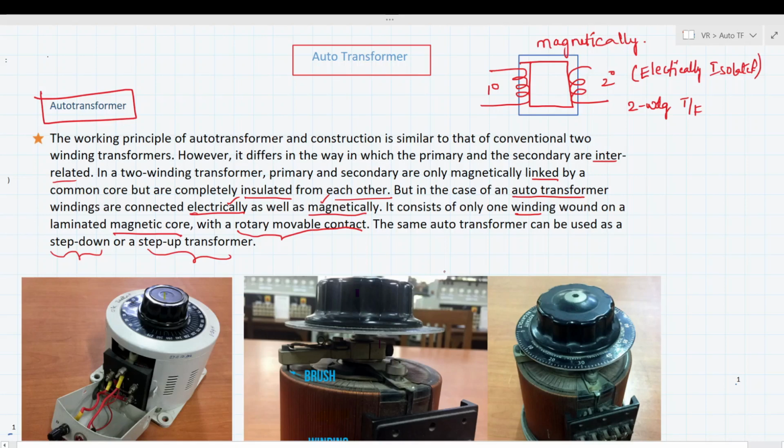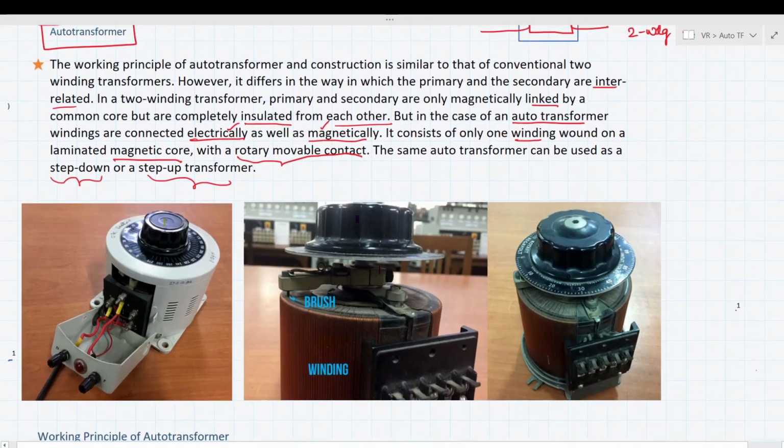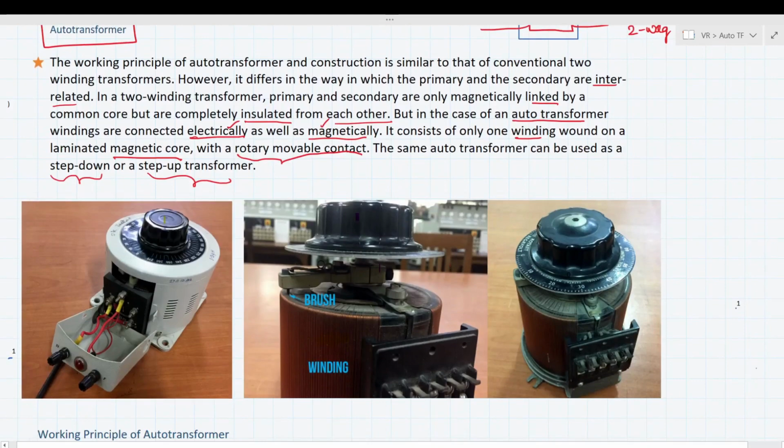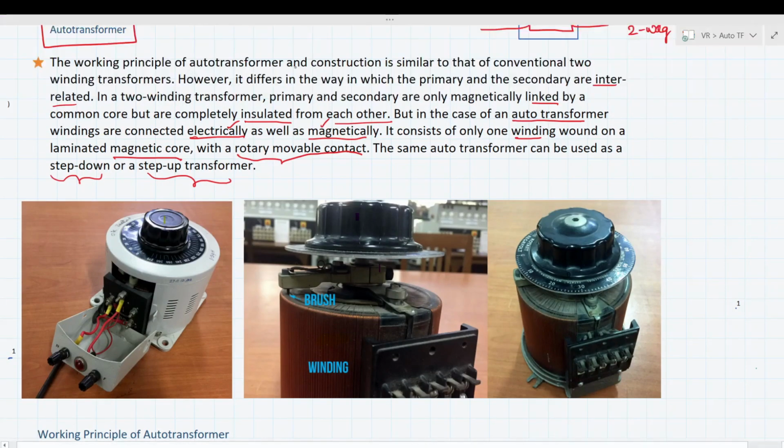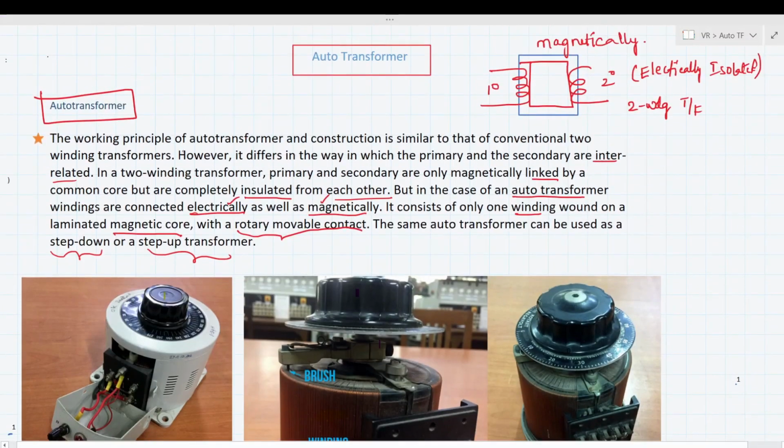So how are we going to use it? Here these are the physical figures of an auto transformer. This is famously called a variac, a single phase variac. It can be single phase or three phase, or it is also called a dimmer transformer, and famously called a variac, variable voltage transformer.